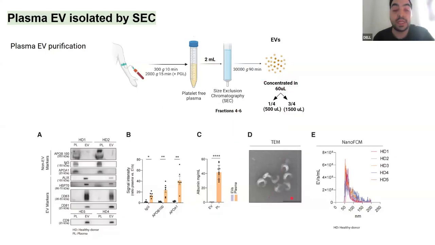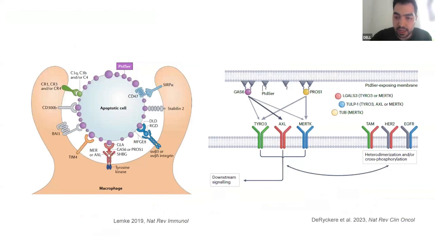Also, transmission electron microscopy confirmed the expected morphology, while nanoflow cytometry revealed mean diameter and concentration values according to previously described work. I want to come back to this again. It's important to take a look at this.